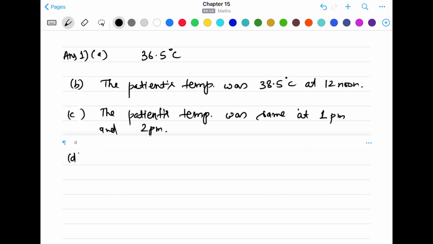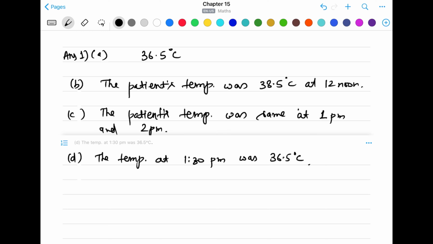part D. The temperature at 1:30 p.m. was 36.5 degrees Celsius.